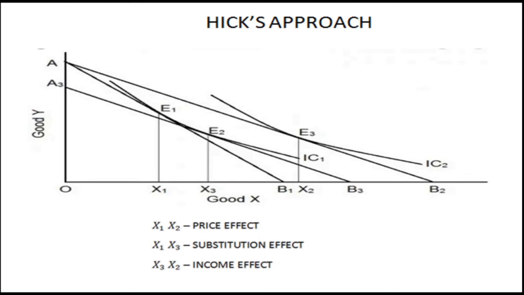So E2 is the new equilibrium point after the reduction of income, where the consumer is able to purchase OX3 of good X and E2X3 of good Y.